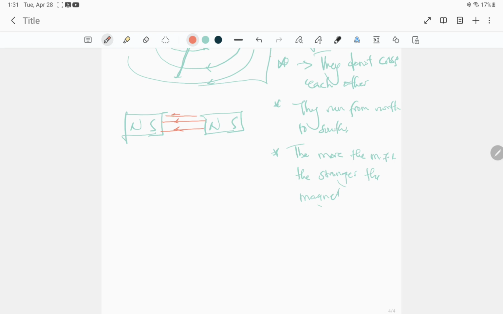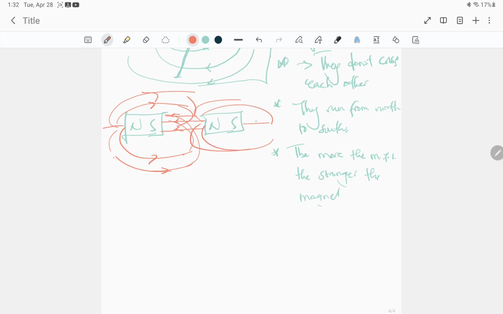They will be behaving in that order. So that is what will happen when two magnets are in contact where there's a north pole and a south pole.